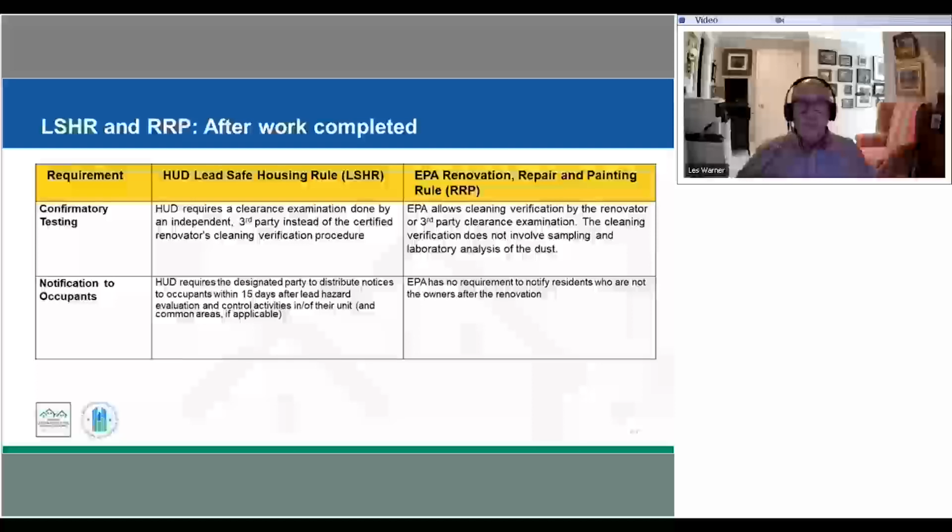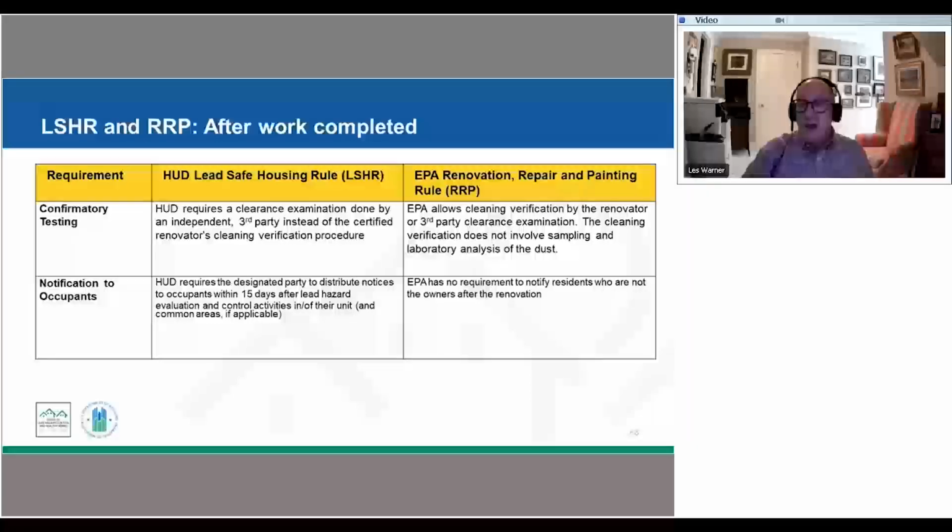And then when we talk about clearance testing, which we're going to be talking about next here, the lead safe housing rule requires that this clearance examination be done by a third party, so someone that's independent from having completed that work, so that they can certify that yes, the hazards have been brought down to an allowable level, where the EPA would allow the renovator themselves to actually be doing a determination on this.